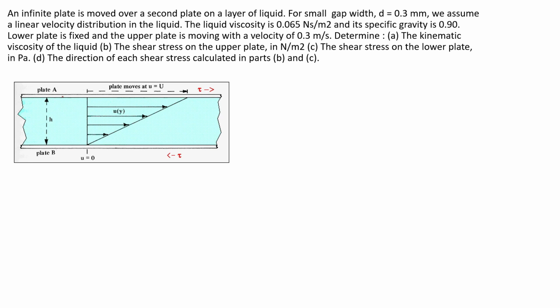You can see plate A and plate B here, and the distance between these plates is given as 0.3 millimeter. For the lower plate the velocity is equal to 0, and the upper plate moves at a velocity of capital U, that is given as 0.3 meter per second.